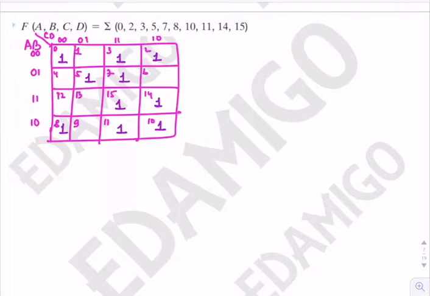Okay, so there's less space there. C bar D bar, C bar D, C D, and C D bar.